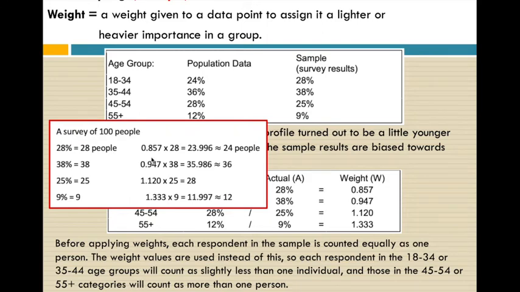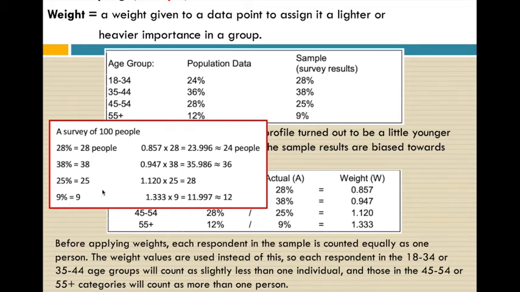So say this is a survey of 100 people, and the sample result was 18 to 34 years old is equal to 28 people, 35 to 44 years old is equal to 38 people, 45 to 54 years old is equal to 25 people, and the last one equal to 9 people.